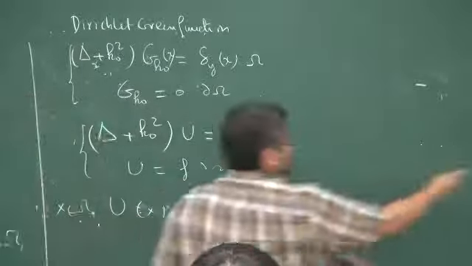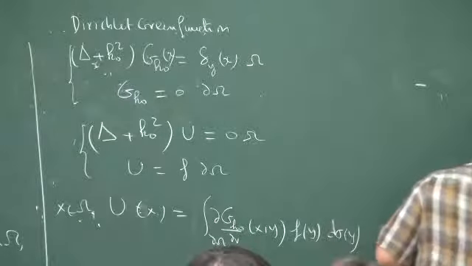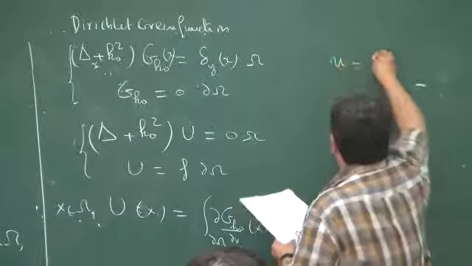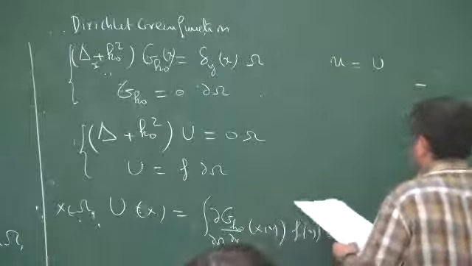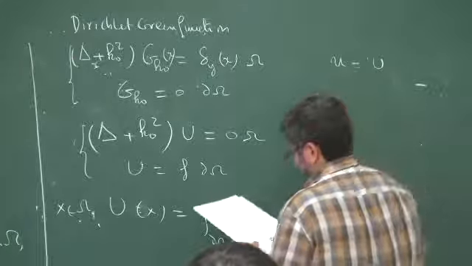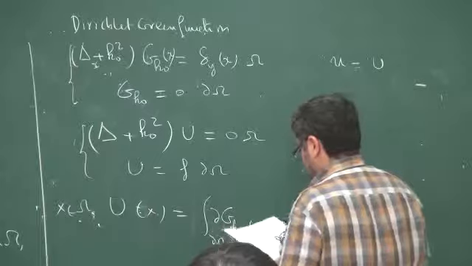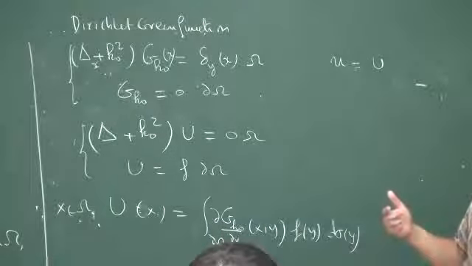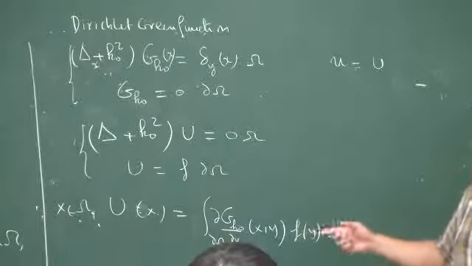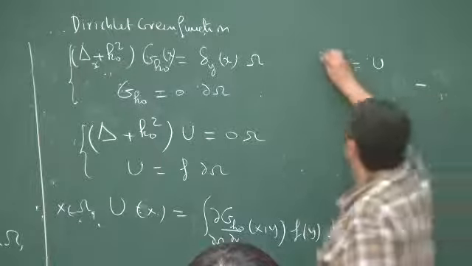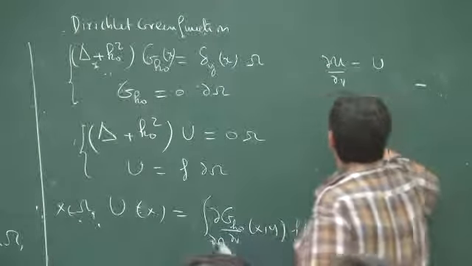Now, the solution of this problem with Dirichlet boundary condition can be written in terms of the normal derivative, because we want to write it on the boundary. On the boundary, we know what u is, it's f, but its normal derivative would be the measurement.